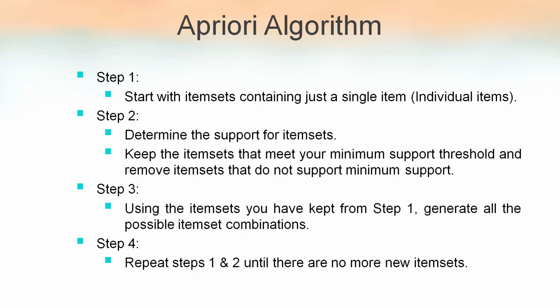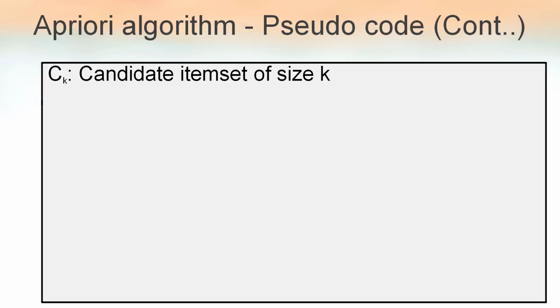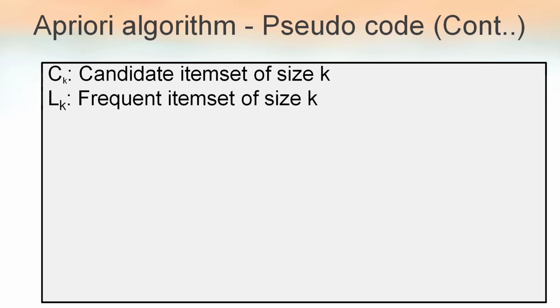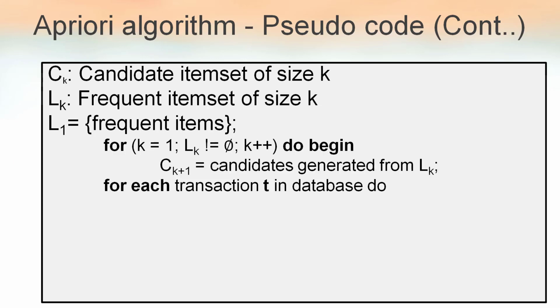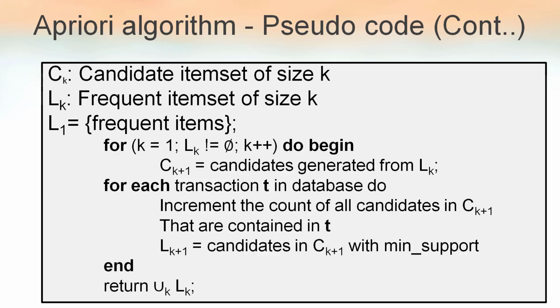In step 3, you need to make combinations of item sets. Step 4, repeat steps 1 and 2 until there are no more new item sets. These are the 4 steps. In the pseudocode, Ck is a candidate item set of size k. Lk is a frequent item set of size k. L1 is equal to the frequent items. And here we are repeating steps 1 and 2 till the end.